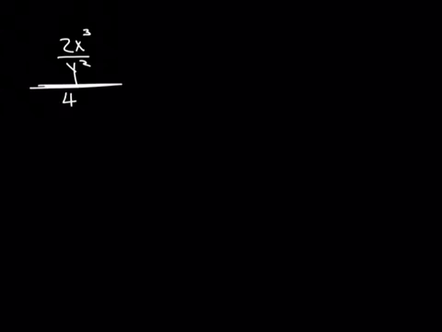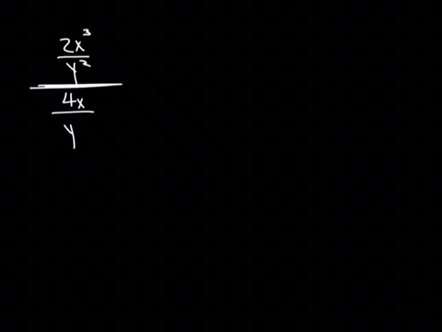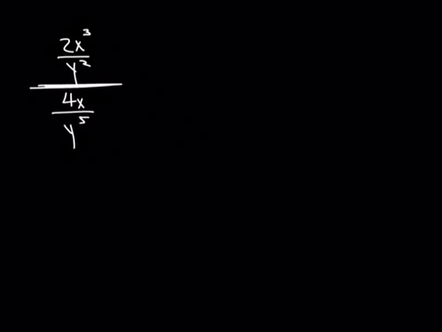So I have 2x cubed over y squared, and I'm going to make the thicker division sign there, over 4x over y to the 5th.